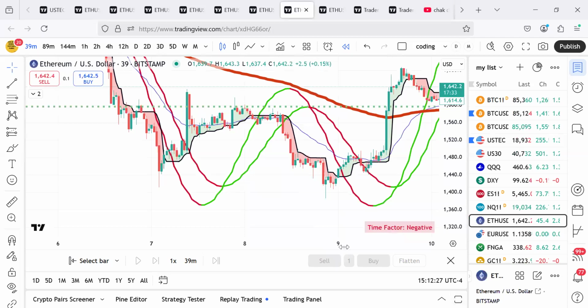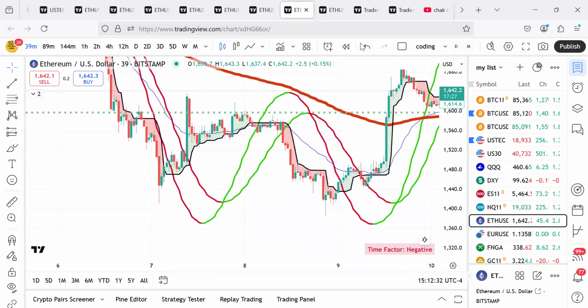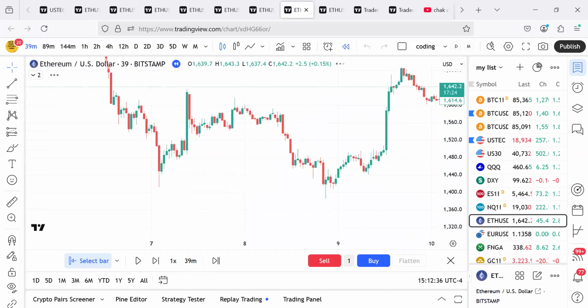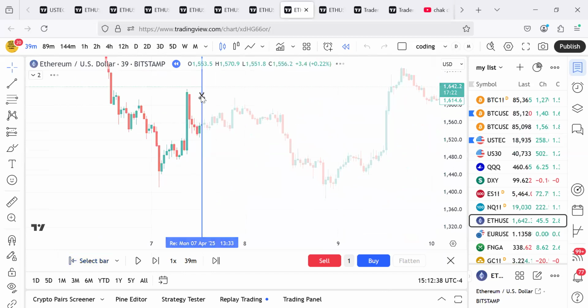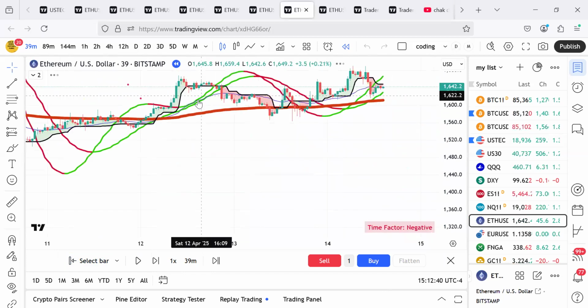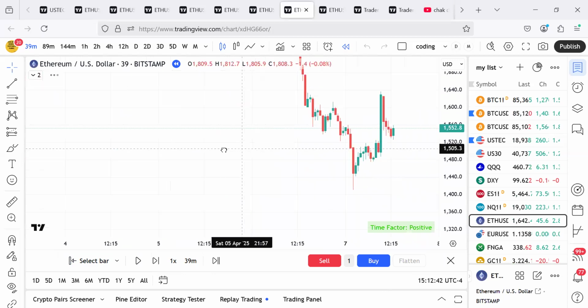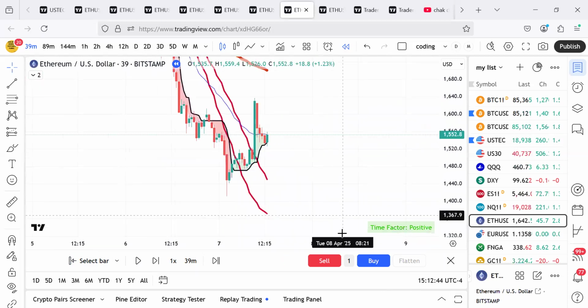Here I will show you one moment. So I'm going to do a bar replay. This is the problem that this has solved, and it is a good problem to solve.